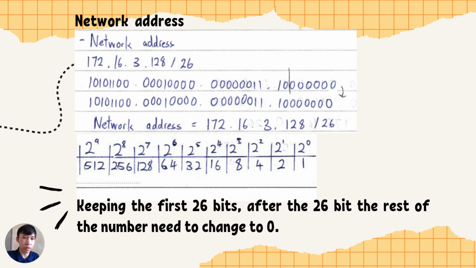Next, for the network address, we convert the IP address into binary first, keep the first 26 bits of data, and after the 26 bits change the rest to zeros. The network address for this subnet is 172.16.3.128.